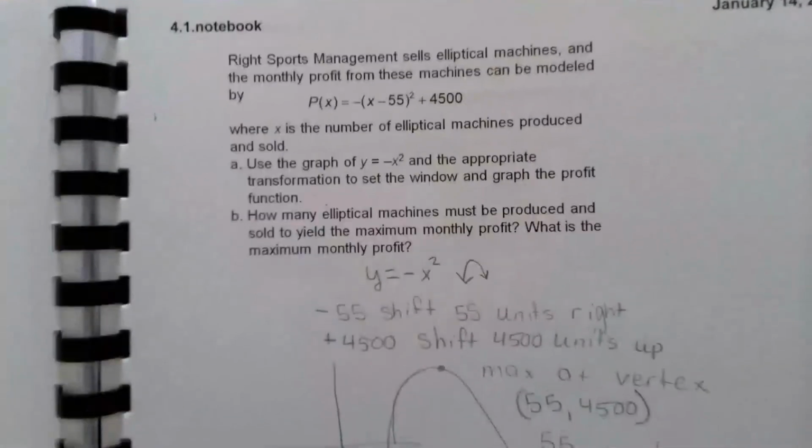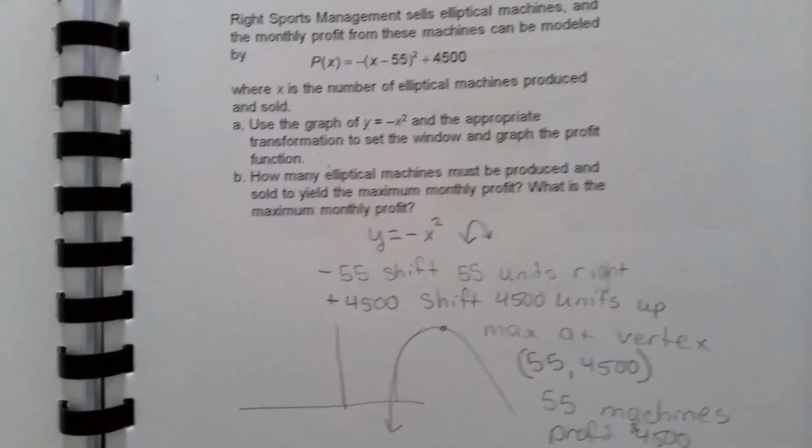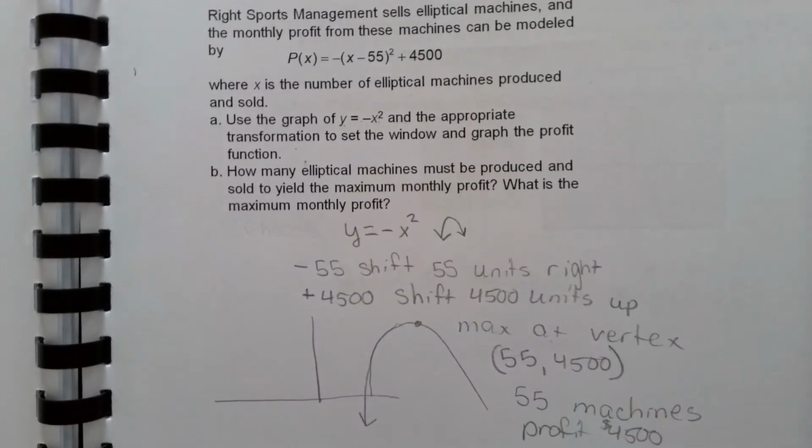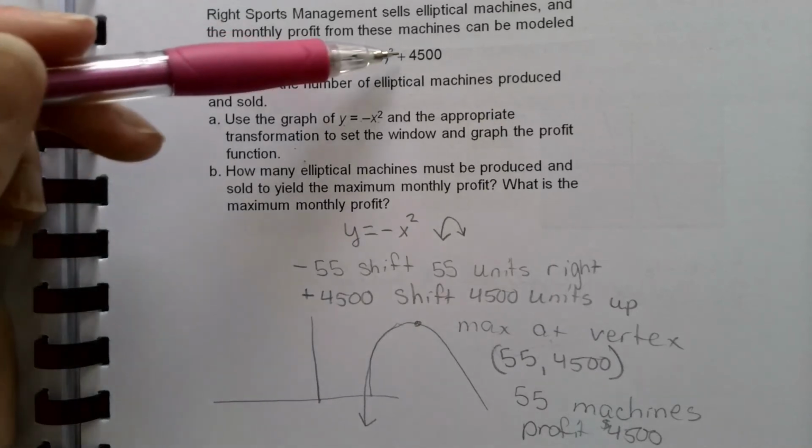Now if we look at an application here, we can kind of talk about shifts a little bit in this application. Wright Sports Management sells elliptical machines, and the monthly profit from these machines can be modeled by P of x equals negative x minus 55 squared plus 4,500.